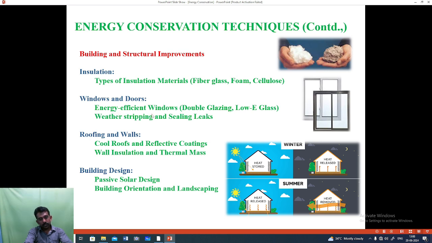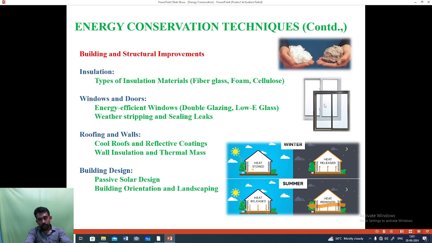So, energy efficient windows, and most probably this technology is followed in aircraft. Double glazing means two glazed windows, and in the center portion there is a vacuum or air. This prevents excess heat from coming inside the room.